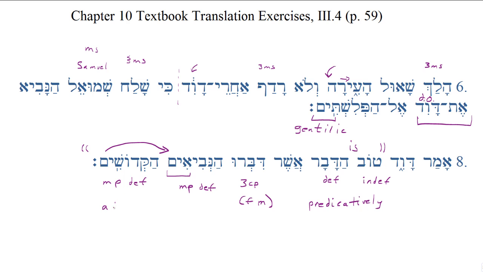So this is an attributive adjective. We have holy prophets, so holy prophets spoke. So let's look at the entire sentence. David said, good is the word, or the word is good, which the holy prophets spoke. That's number 8.